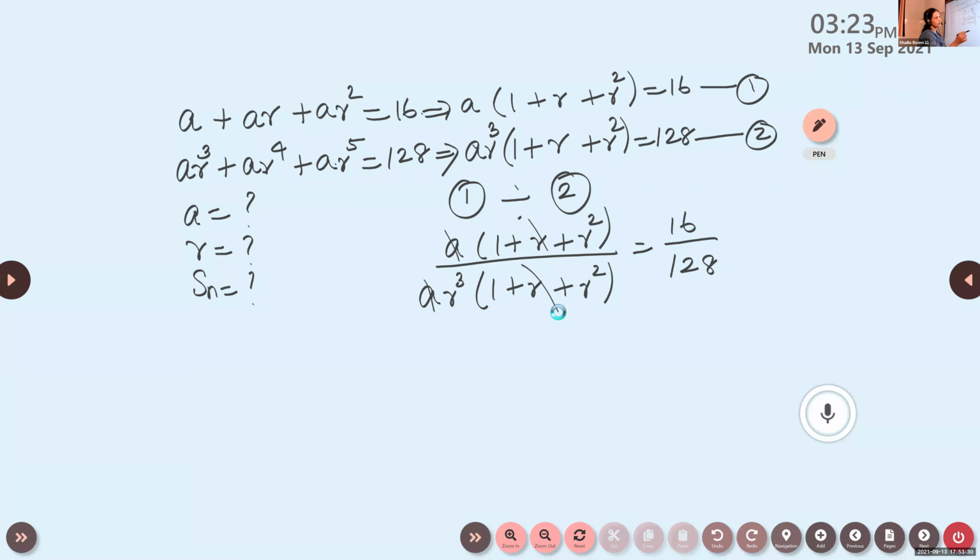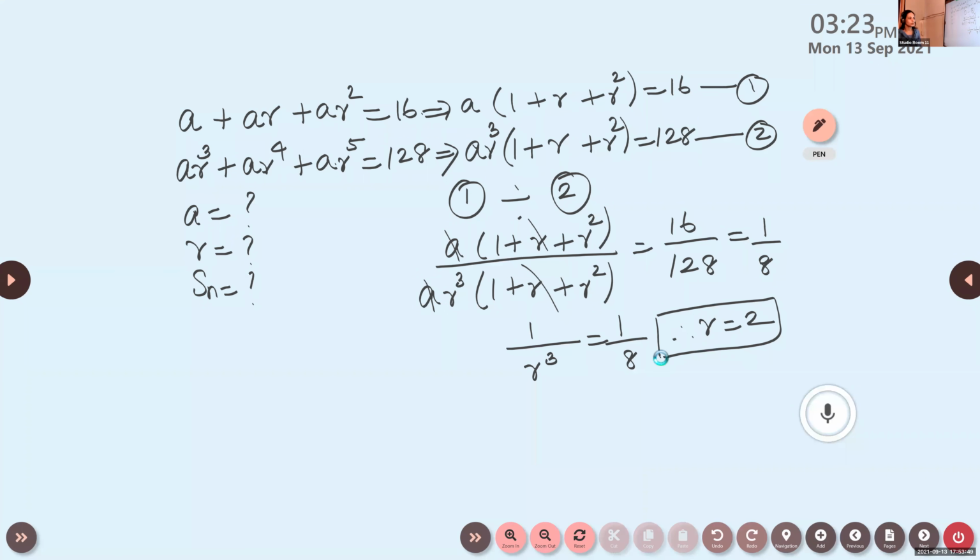These two will get cancelled. 16 and 128, how many times? I think it is 1 by 8 times. So 1 by R cube is equal to 1 by 8. Therefore, what is the value of R? R is 2, isn't it? After finding R, substitute in equation 1 and find out what is A.